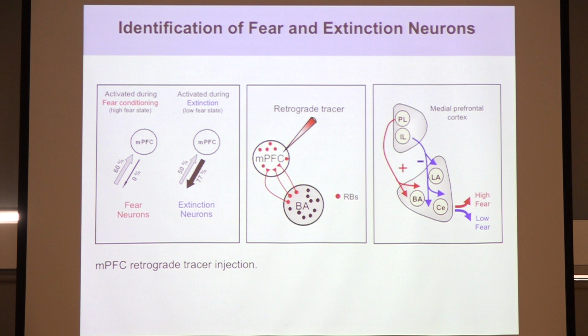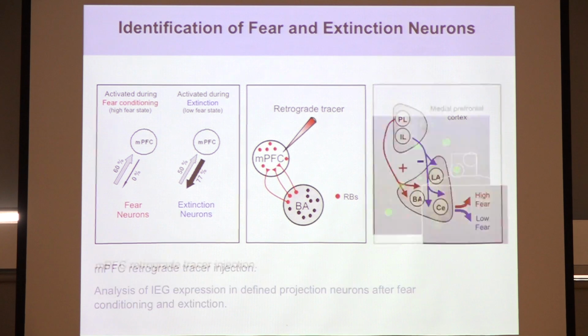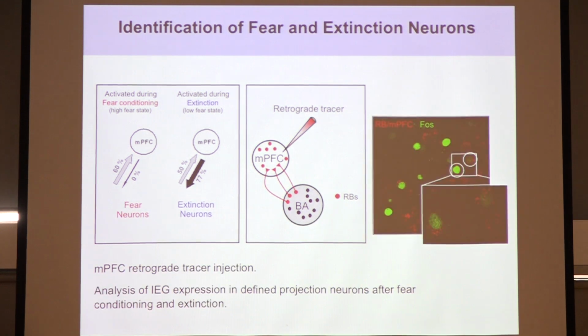And the second thing we know is that fear neurons are activated when the fear is high, after conditioning, and extinction neurons are activated when the fear is low, after extinction learning, or during extinction learning. So in complement to the retrograde tracer injection, we performed c-Fos immunostaining in injected animals.